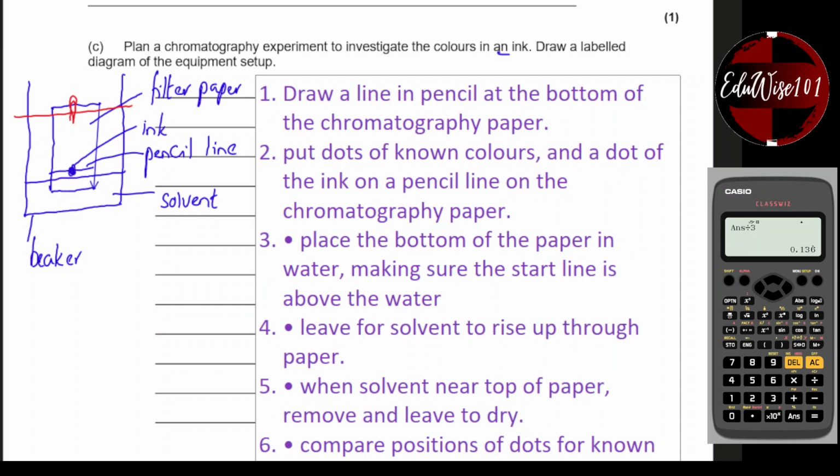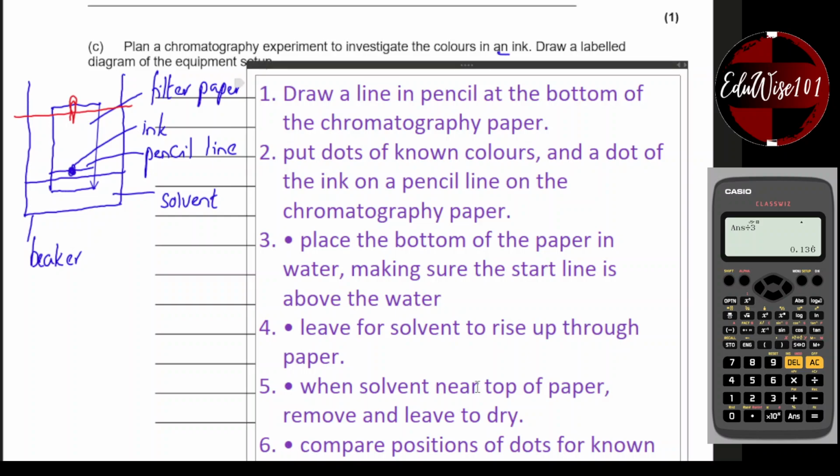Place the bottom of the paper in the water, making sure the start line is above the water. Leave the solvent to rise up through the paper. When solvent nears the top of paper, remove and leave it to dry.